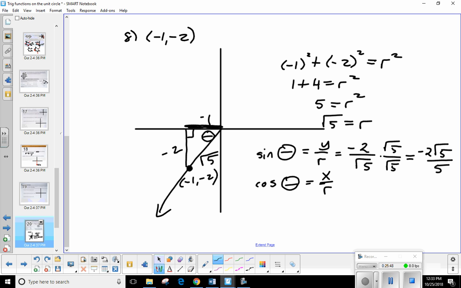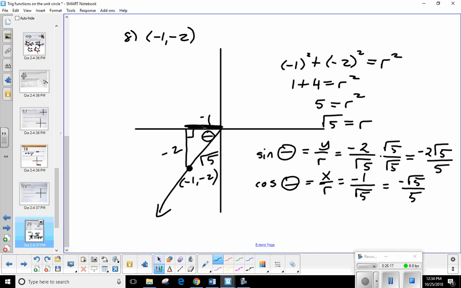So my x value this time is -1 over the square root of 5. What would be my final answer? Nathan's absolutely right. Negative square root of 5 over 5. And then, of course, we would just keep going for those other 4. How are we doing?